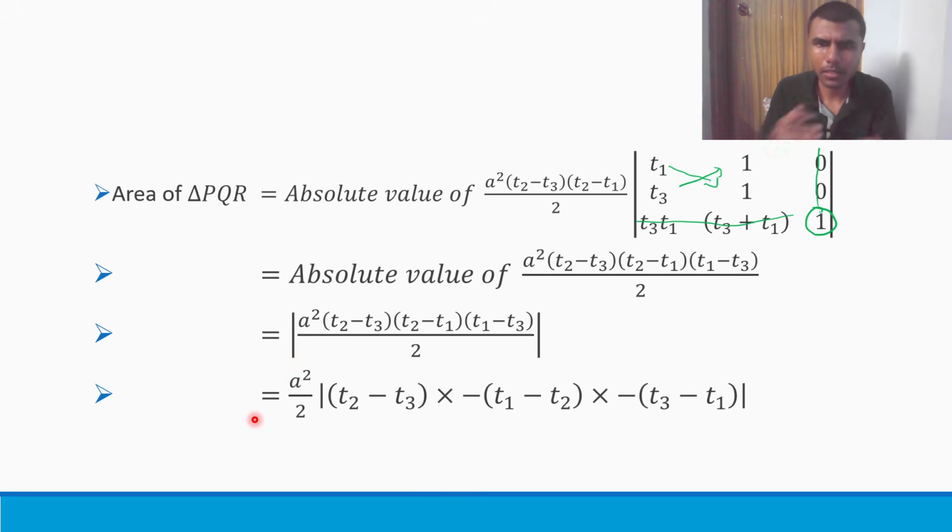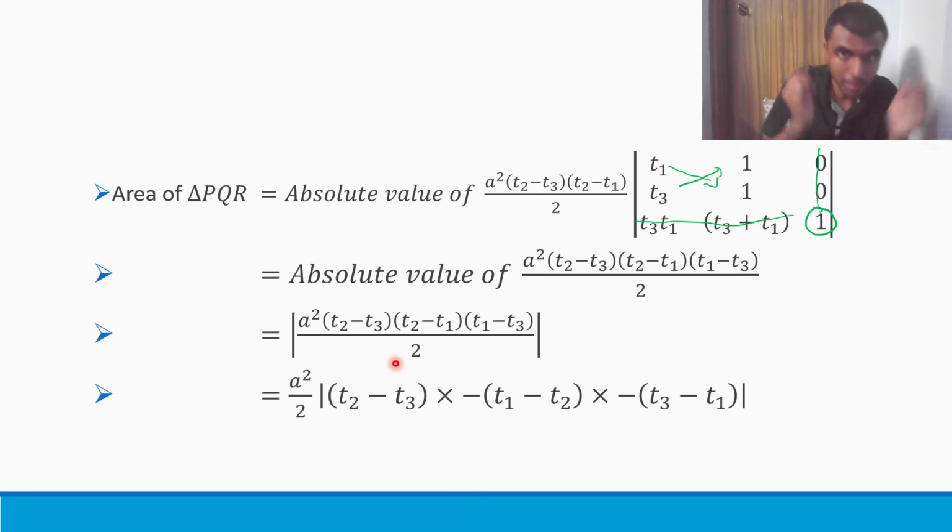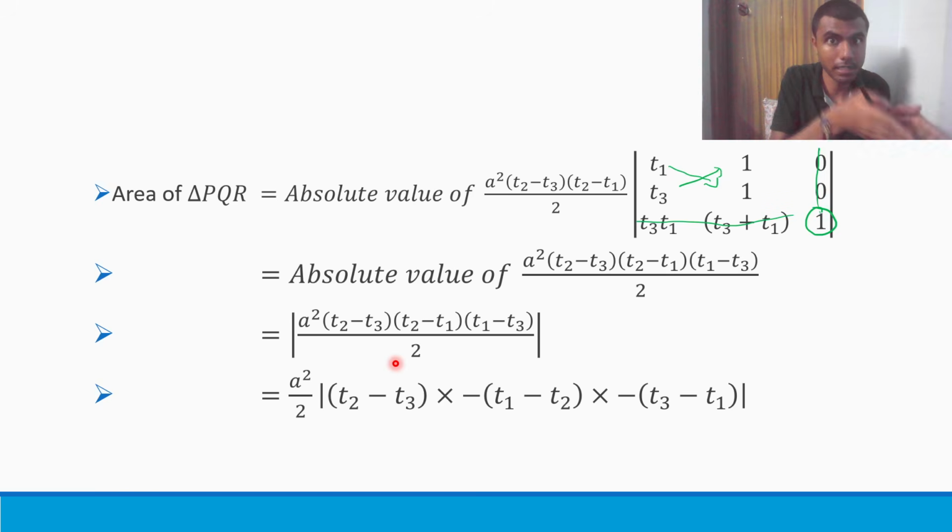See, A square is positive, so that can be kept outside of modulus, because a positive number can be outside of modulus since it will never be negative. Likewise, 2 is also positive, so 2 also I can keep outside modulus. Next, T2 minus T3, I kept as it is.